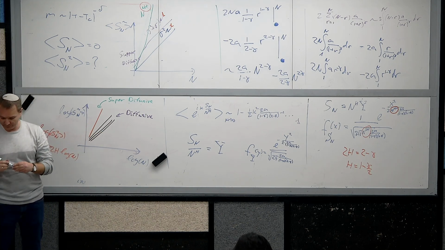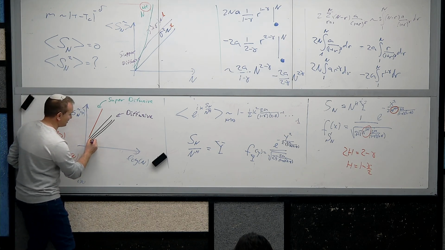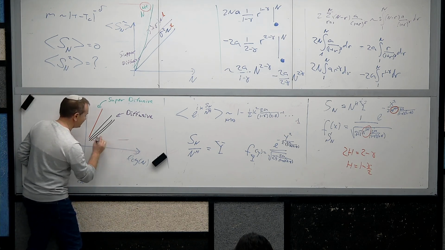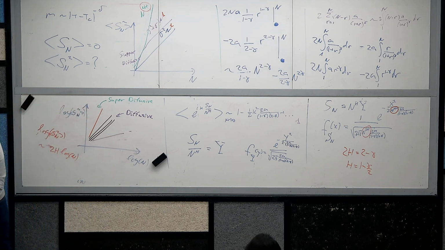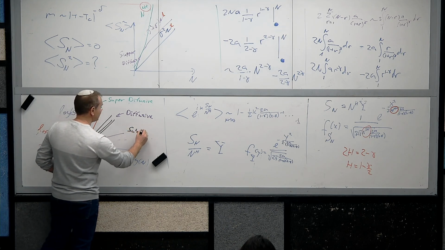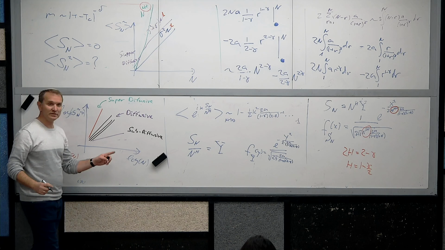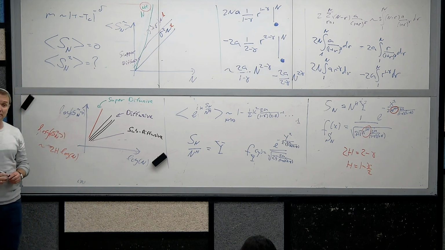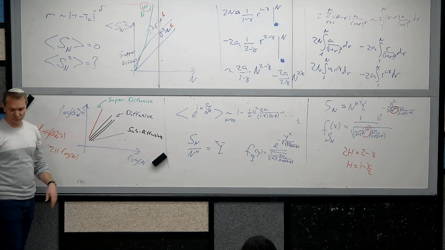They decay as a power law. And there's also a situation where you can obtain subdiffusive. This happens when the correlations are negative. They decay as a power law and they are negative. I haven't shown you this.